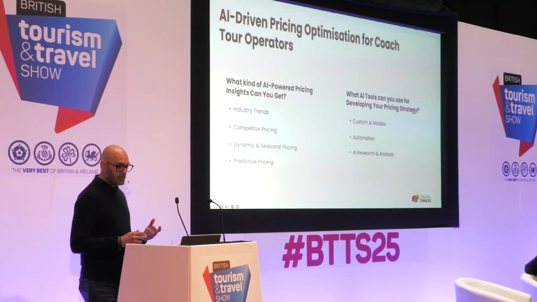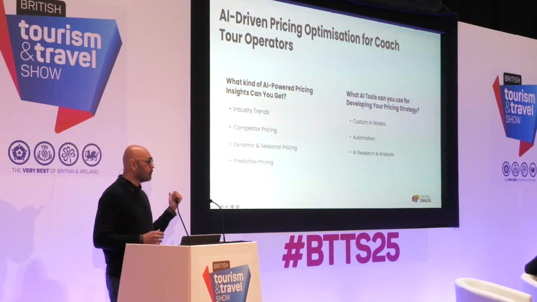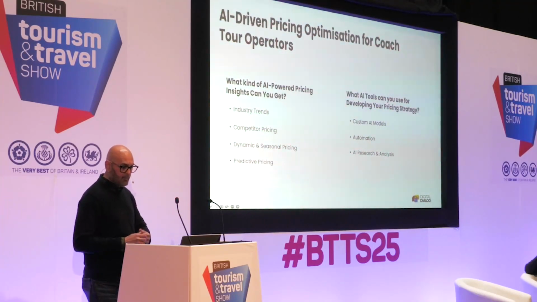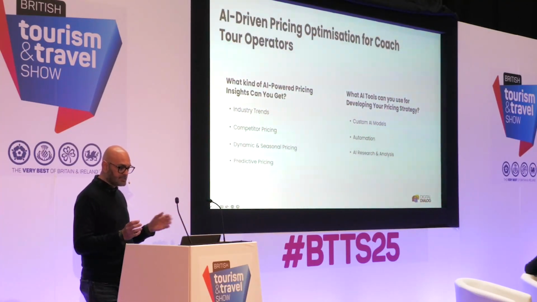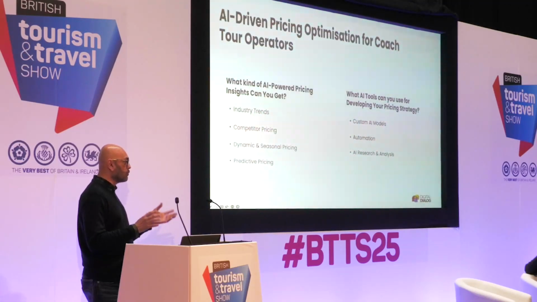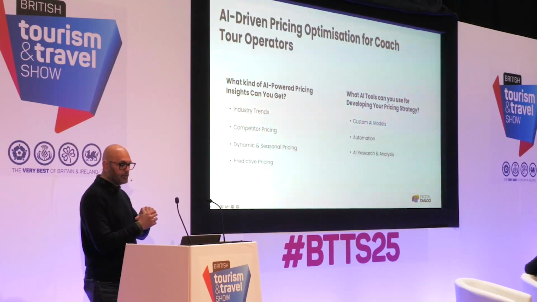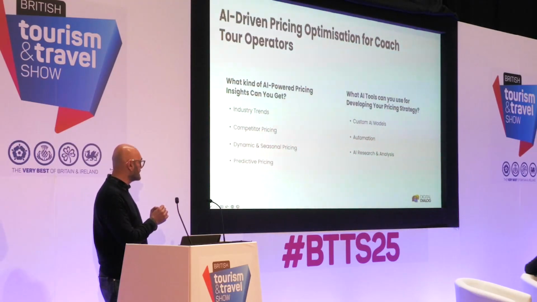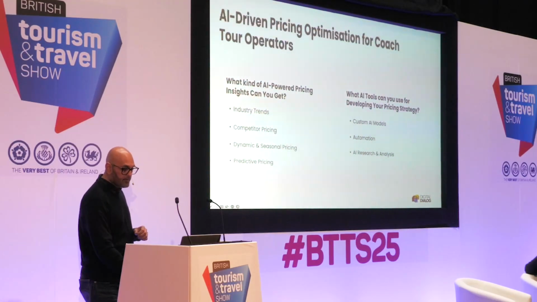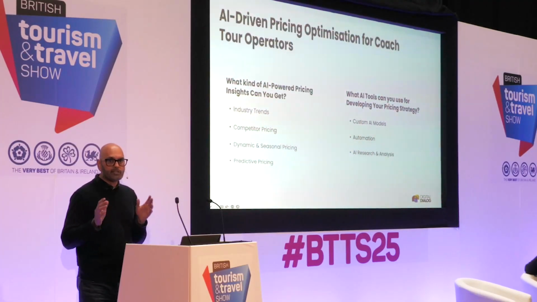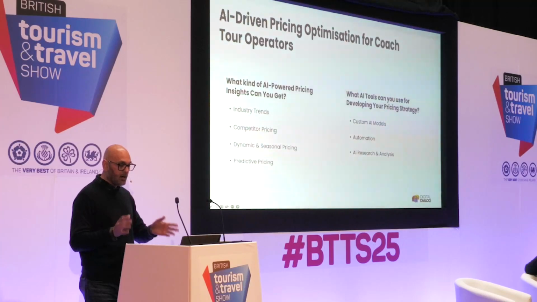Well, you can build a simple custom GPT like the one you just saw, which could handle basic pricing analysis, or you can build an automated workflow that will check things like competitor pricing or up-to-date fuel costs and things like that. Or you can simply craft a pricing strategy using plain and simple research using AI.